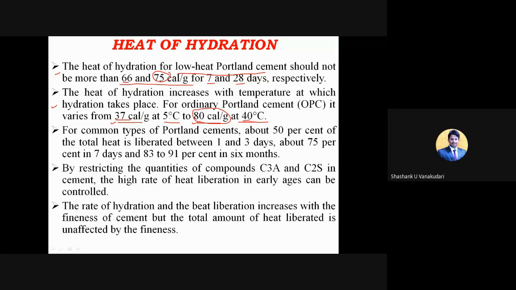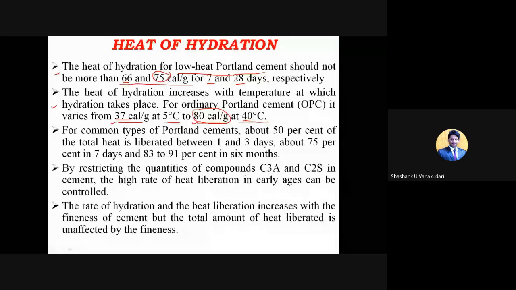For the common type of Portland cement, 50% of the total heat is liberated between 1 to 3 days.